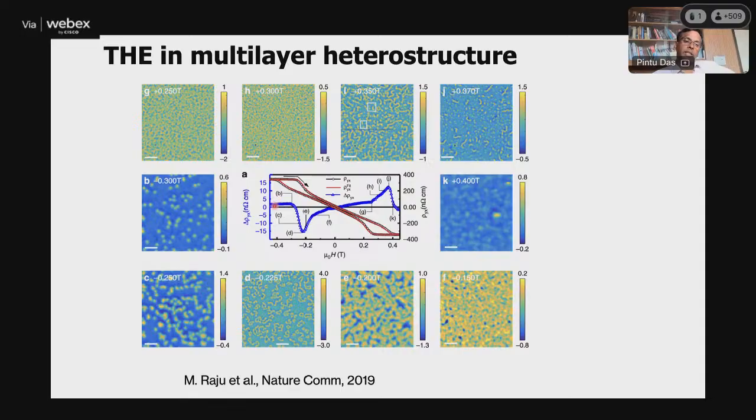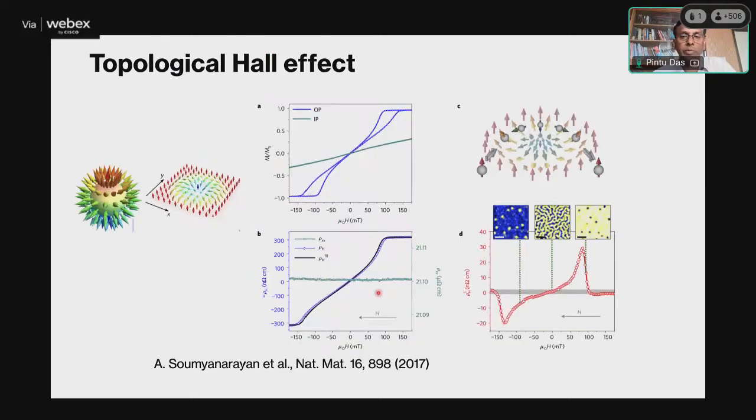Then they map this with magnetic force microscopy images of the magnetic skyrmions at different fields. I do not have a proper slide here, but one can calculate the skyrmion density. You can see that the skyrmions are stabilized at certain fields, and one can determine the skyrmion density and relate it to this topological Hall effect, and they found a very good relationship.